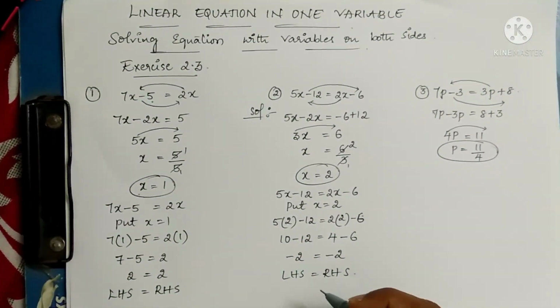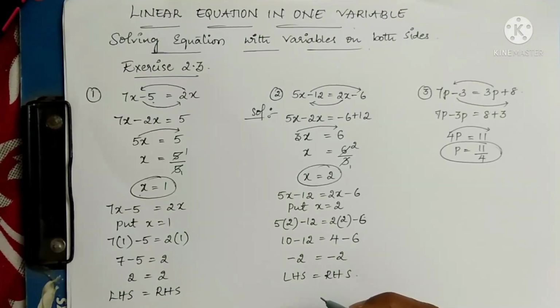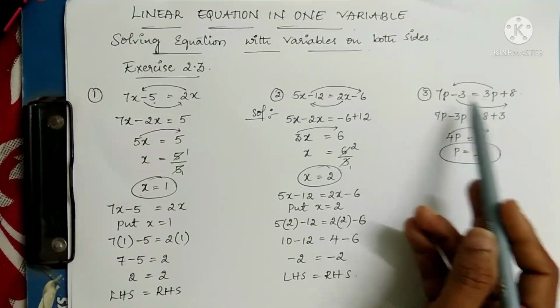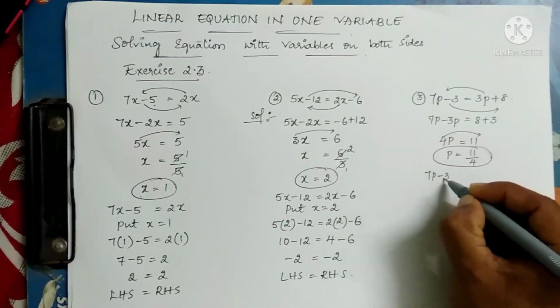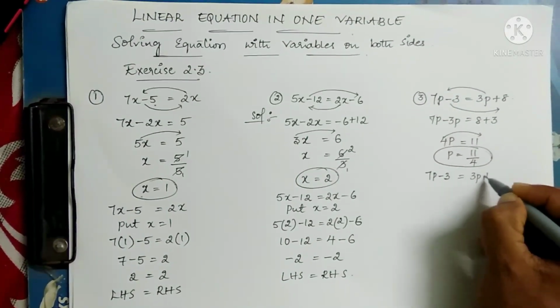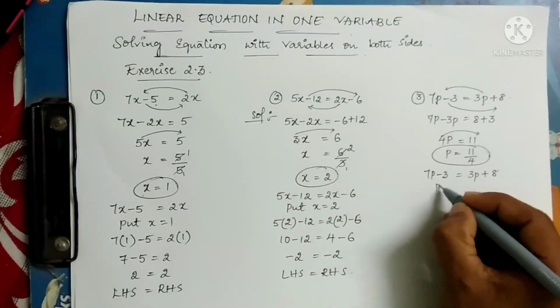So we have to check whether p equal to 11 by 4 satisfies the given equation or not. So what is the equation? 7p minus 3 is equal to 3p plus 8. So what is the value of p?